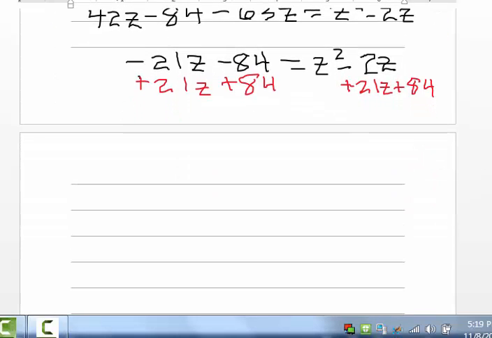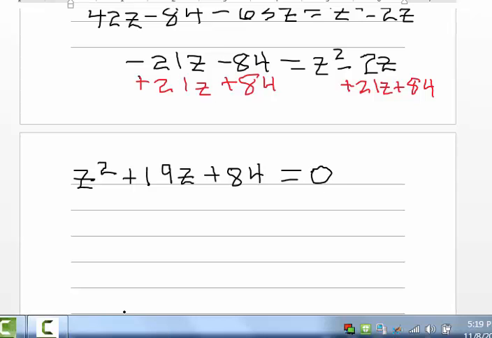And the left side becomes 0, and the right side becomes z squared plus 19z plus 84. And we can switch the left and right side. It doesn't matter which expression is on the left and which is on the right.